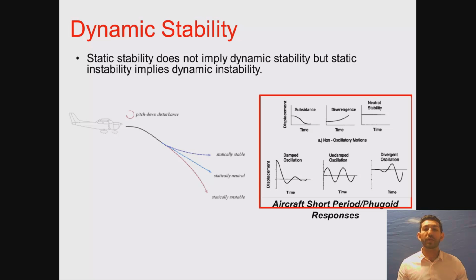What that really means is that if you do have an initial disturbance, the aircraft could return back, but that oscillation could get bigger and bigger and bigger. So it could be similar to divergent oscillation. Whereas at the same time, if you have divergence, the aircraft will not return back.